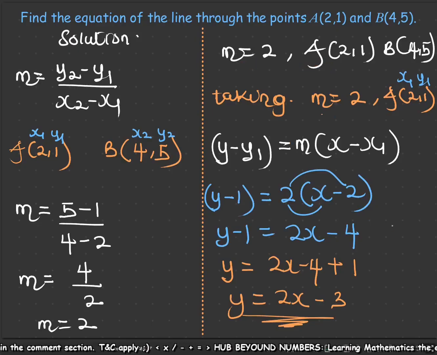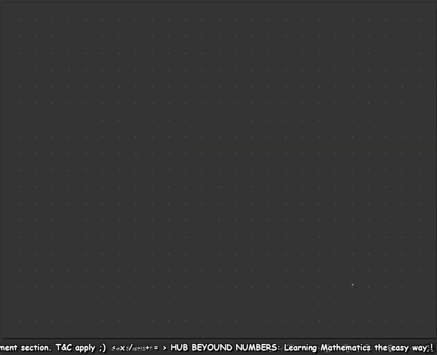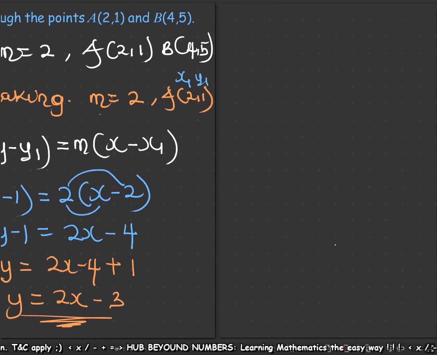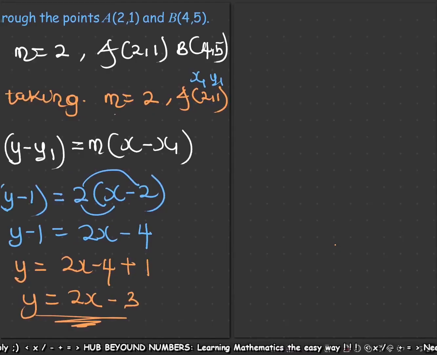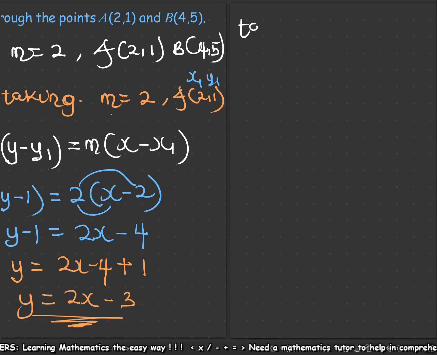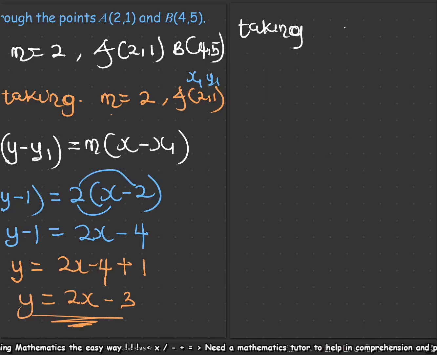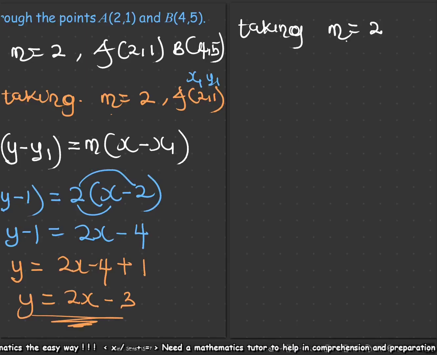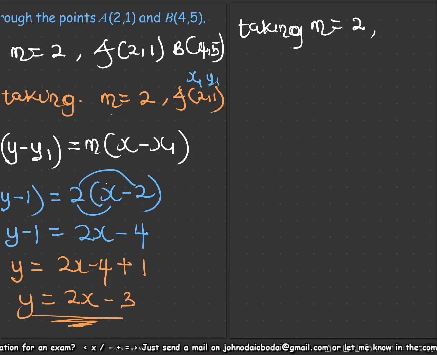But if you wanted to rather use B, as I said earlier on, nothing changes. You are still supposed to get your answer, provided you do it well. So this time around, taking our m still to be what? 2, and then the point B, and the point B was given as 4, 5.